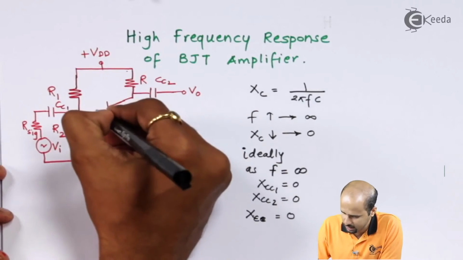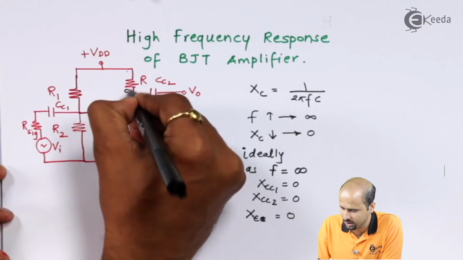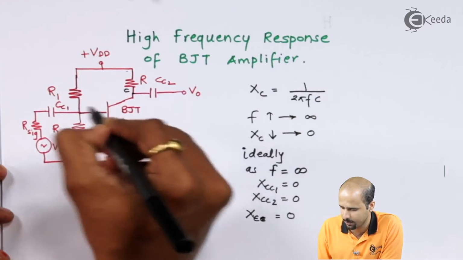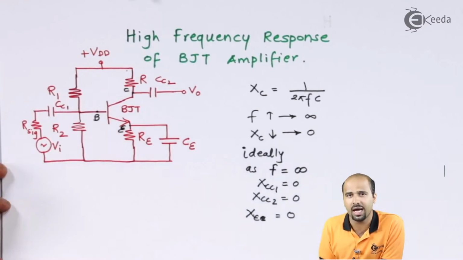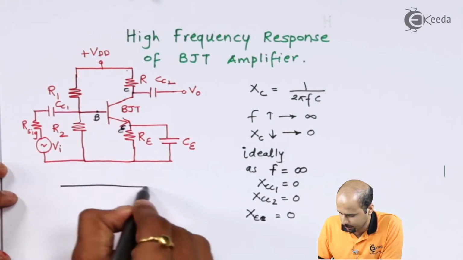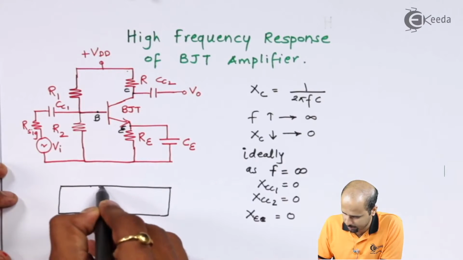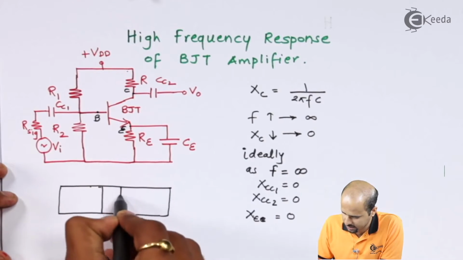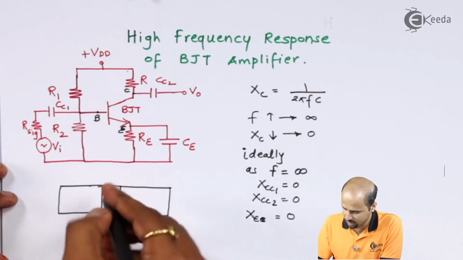So this is the B terminal, this is the C terminal, and this is the E terminal. The B, E and C terminals internally have capacitances. This is because if I draw the complete BJT structure, this is the emitter part, this is the base part and this is the collector part, and in between I have the junctions.